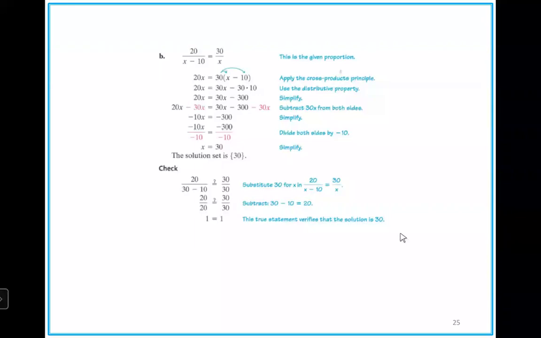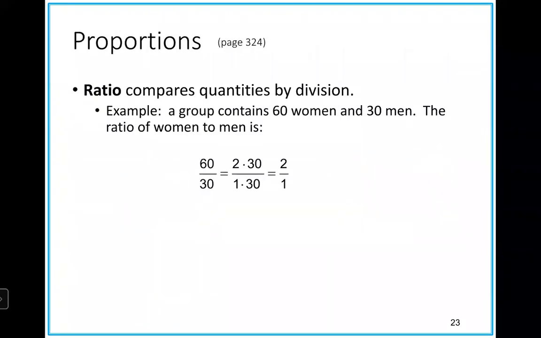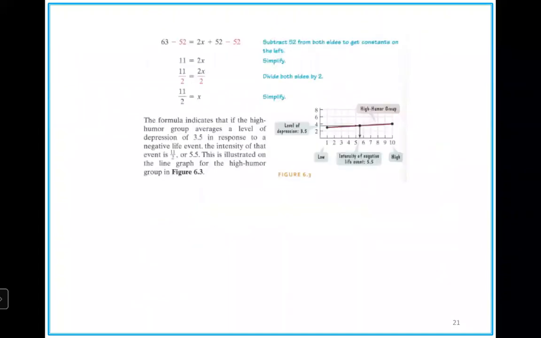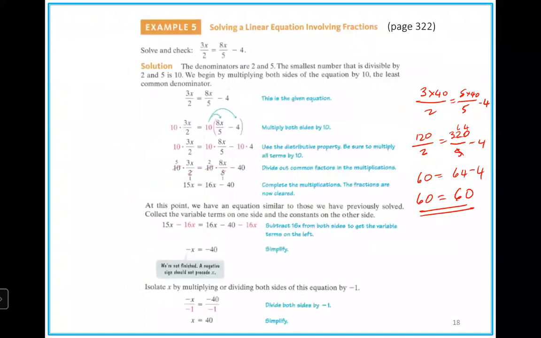Now we have this one where you are given 20 over x minus 10 equals 30 over x. Now this cross product only applies when the two sides are fully fractions. So let me look at another type of equation, because we mustn't confuse that with one that we looked at earlier.